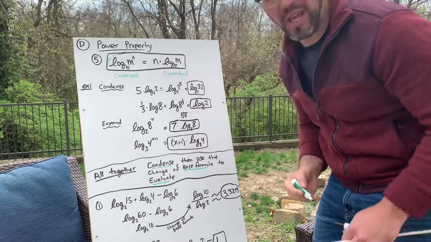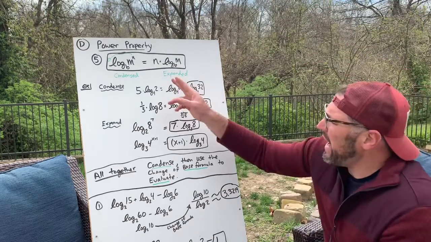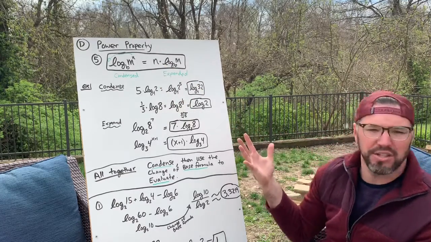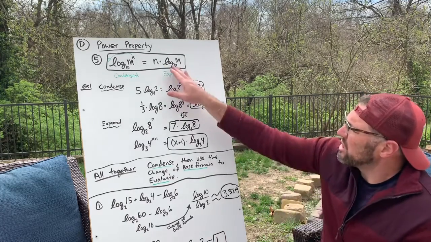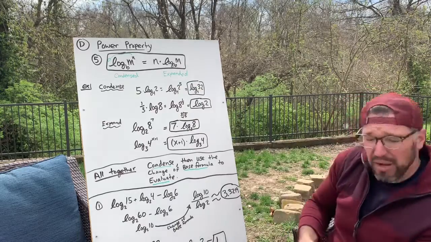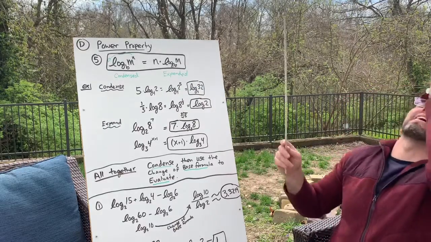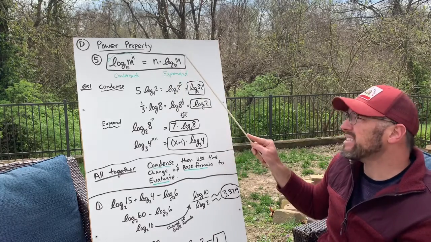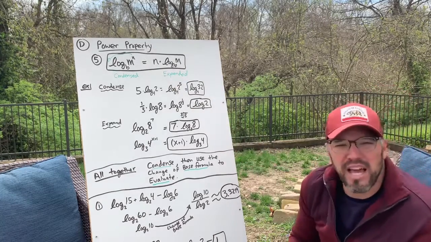I love this one. It's the easiest one. It becomes multiplication. So simple. You could go the other way if you wanted. You could condense by just bringing n inside the log and it becomes the exponent.